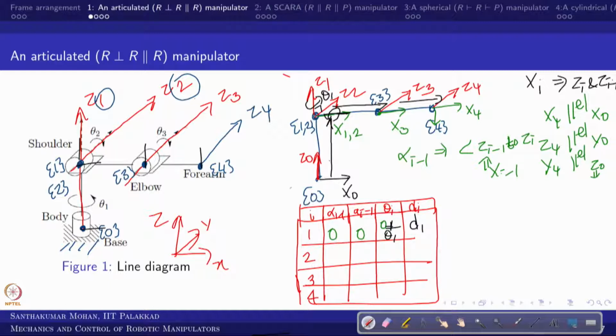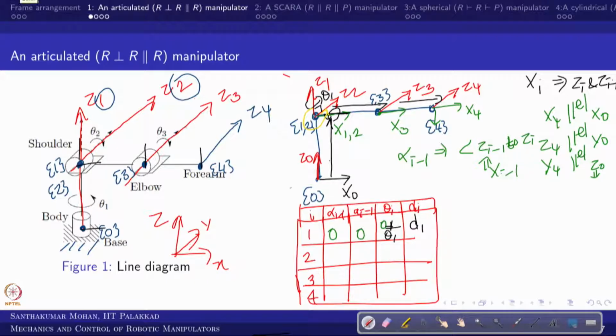So in the sense you need to rotate this 270 degrees to make it parallel to z2. The z1 is supposed to rotate about x1 by 270 degrees to make it parallel to z2. Otherwise you can write minus 90 degrees, but I always prefer to go the conventional way.